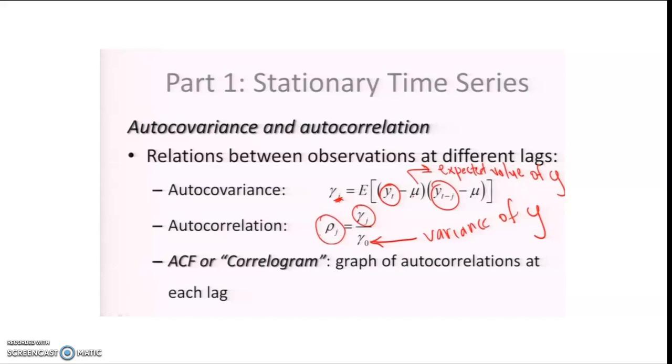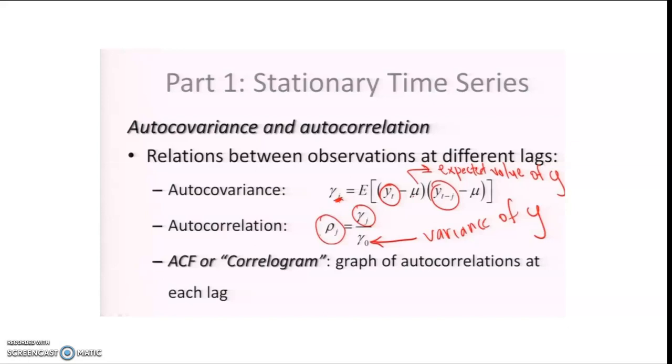We are using autocovariance and autocorrelation, and that basically relates to the relation between observations at different lags. The autocovariance of a series at time t and time t minus j is given by gamma j, and that is equal to the expected value of yt minus mu times yt minus j minus mu, where mu is the expected value of the y series.